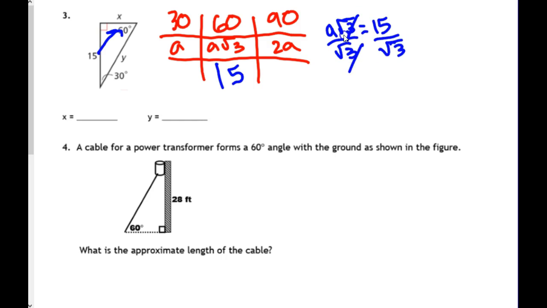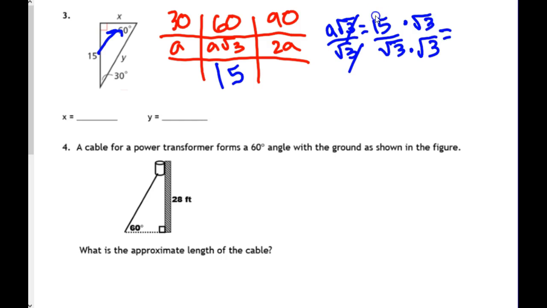The square roots are gone, and now we have A equals 15 over square root of 3. But, like Miss Morrow said, the square root on the bottom is like cussing. We've got to fix that. So how do I get rid of the square root on the bottom? You multiply by the same exact square root, on the bottom and on the top.